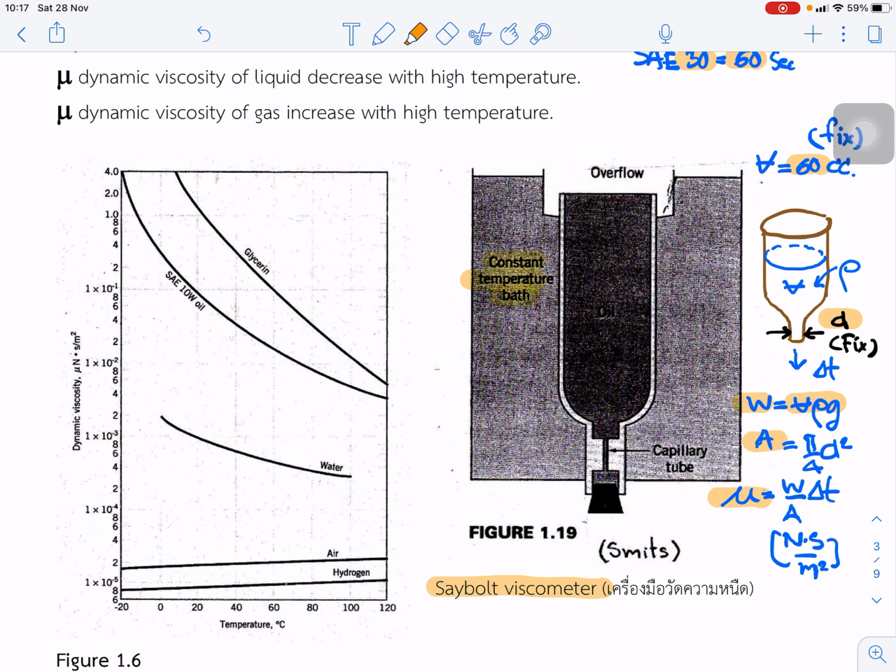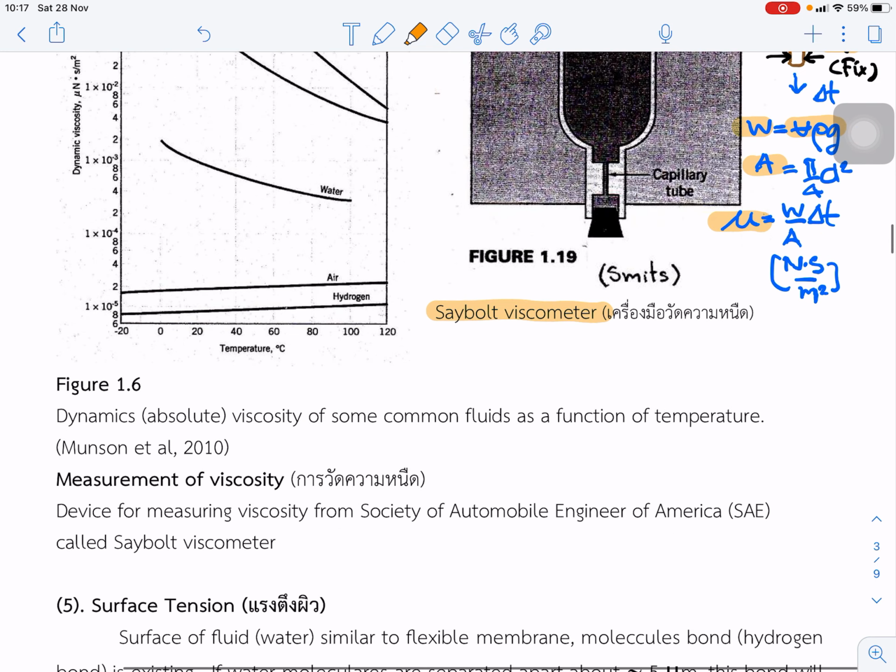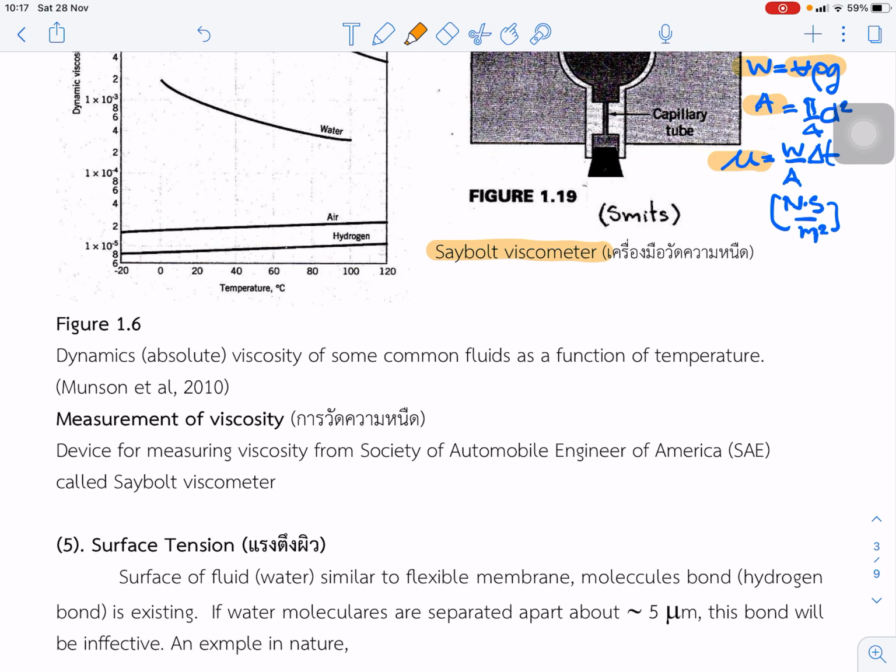They measure the viscosity using W divided by A, which is a constant, times the delta T. So it means if the delta T is increased, the viscosity is increased, okay. Another thing about the SAE is that it comes from the Society of Automotive Engineers of America standard. A device for measuring the viscosity we call the Saybolt viscometer. Okay.